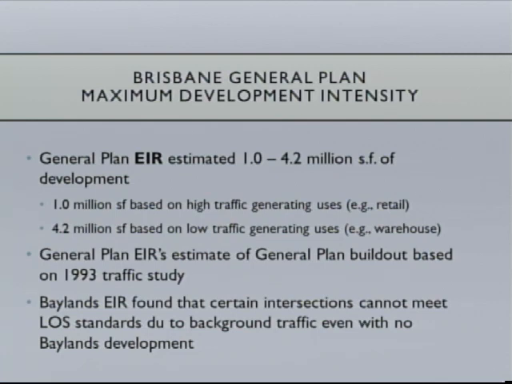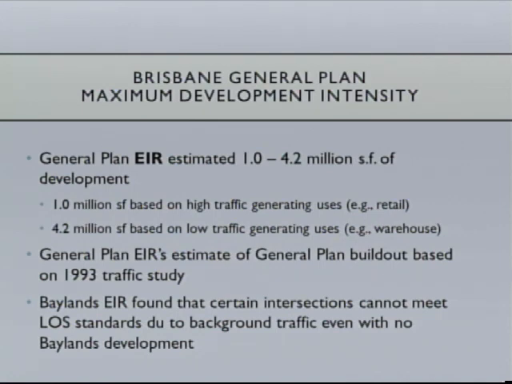Now, the other thing that was determined, and we talked about this when we talked about traffic, is that the environmental impact report and the traffic study done for the Baylands development, as it is now proposed, found that 14 out of 18 intersections around the Baylands cannot meet level of service standards due to background traffic.